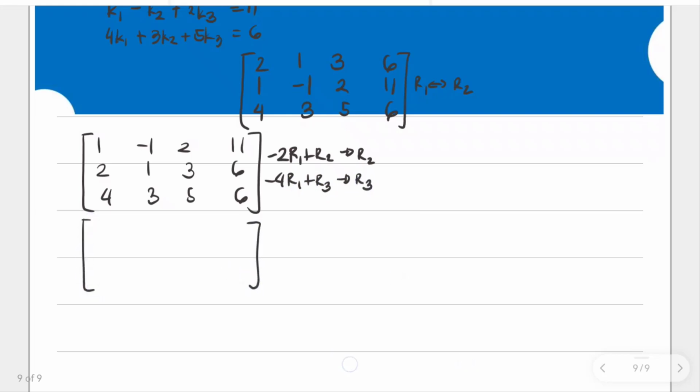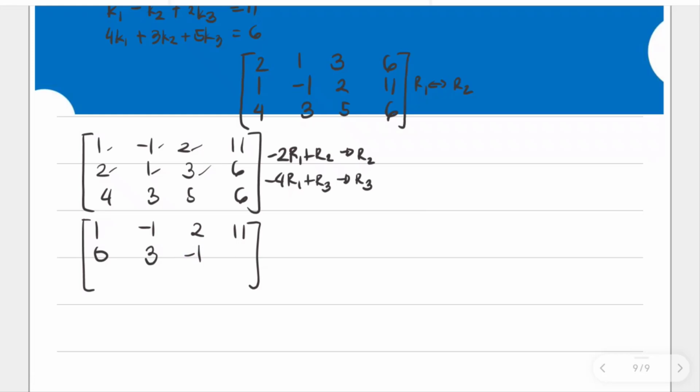So row 1 is the same: 1, -1, 2, 11. For the new row 2: -2 times 1 is -2, plus 2 is 0. -2 times -1 is positive 2, plus 1 is 3. -2 times 2 is -4, plus 3 is -1.